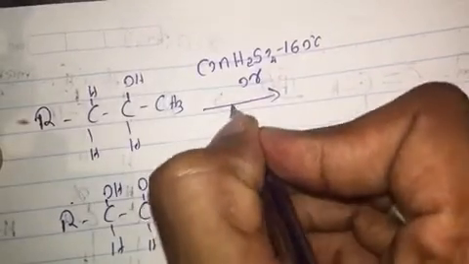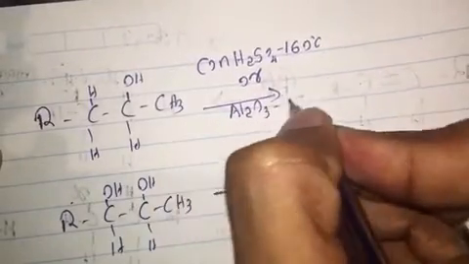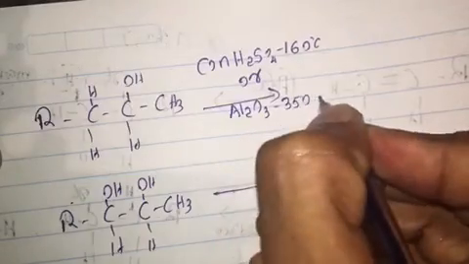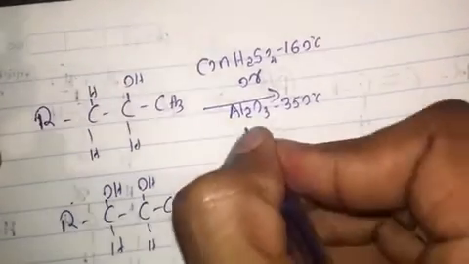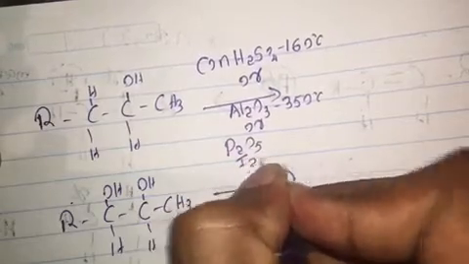I put as reagent concentrated sulfuric acid at 160 Celsius, or Al2O3 at 350 Celsius, or P2O5, or I2 and heat.